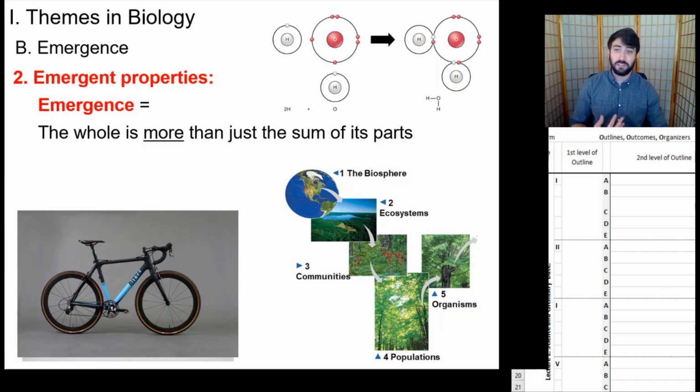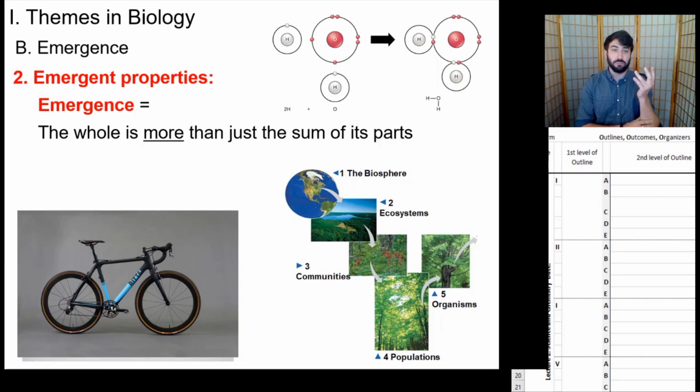Now, this applies to a lot of things in biology in general, including how we organize or structure biological organisms and biological communities, and talk about the hierarchy of biological life. For example, you can see down in this figure, you have organisms, right? So say a tree.